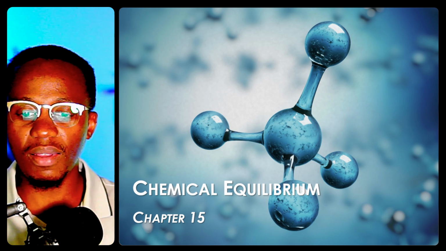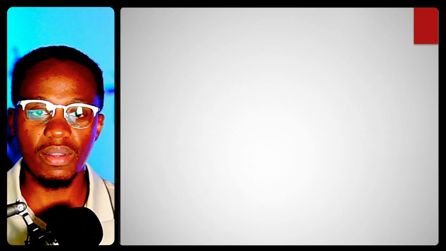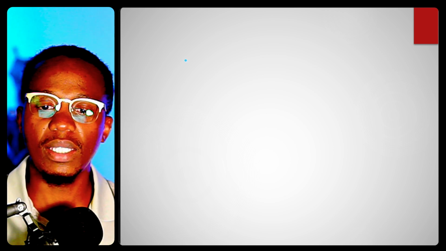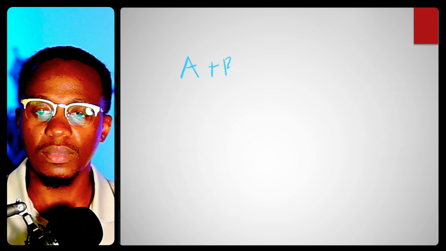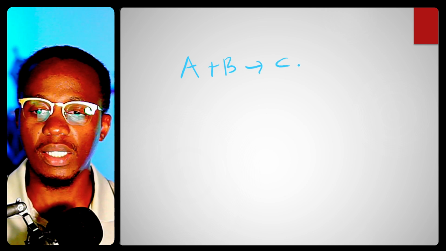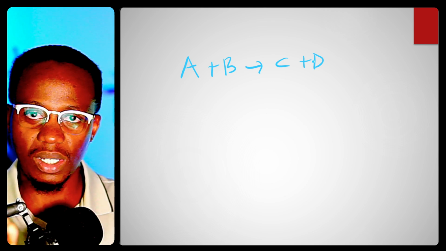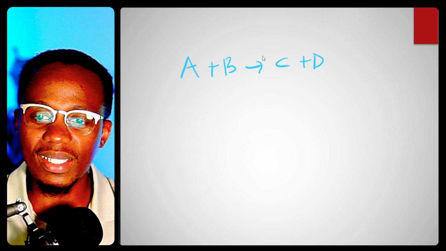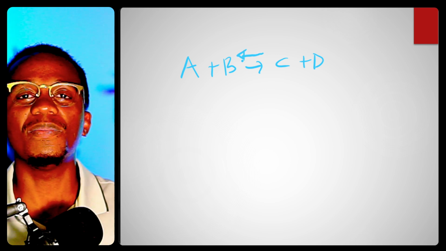Well, it turns out that a lot of reactions that we've been looking at, a lot of natural reactions out there, when you take, let's say, A plus B gives me C plus D, it turns out that in nature, a lot of times, then C plus D give A plus B.